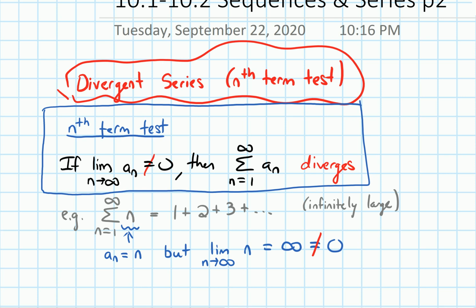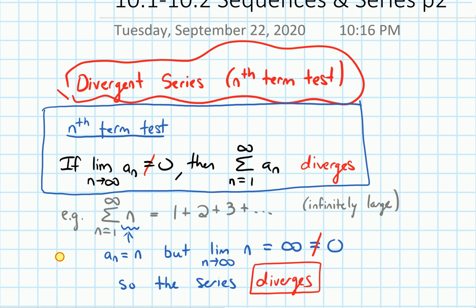And because it's not 0, the series diverges. So anytime we have a series where the limit of the terms, the limit of a sub n, is not 0, the series automatically diverges. And that is a really nice test to have.